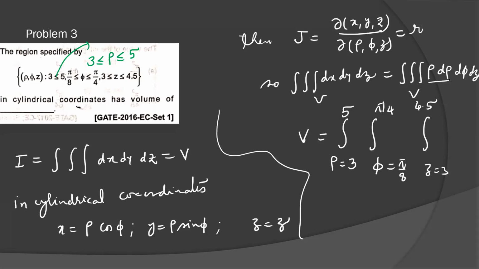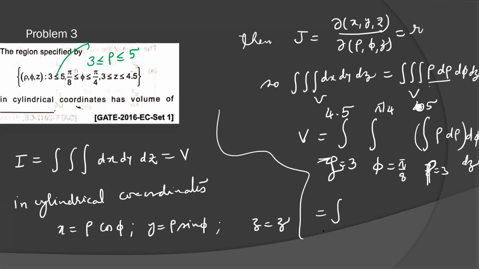But you have rho, a function of the variable rho, inside, so you have to integrate with respect to rho first. So this is rho d rho d phi dz.